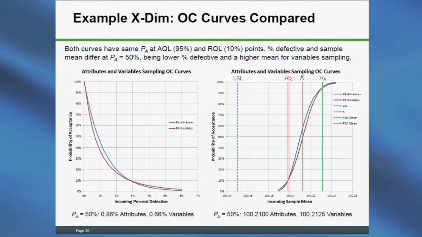And you can see that the variable sampling plan is a little bit tighter. That's the red curve shown on the left over here, and also relative to the mean over here. So, for example, you can see that at the 50% point the attribute sampling plan would accept about 86% of the product, where the variables would accept about 66%. On the other side, at the 50% point, it's 100.21 for the attributes data, and it's actually a little bit different, 100.2125, for the variables type data.